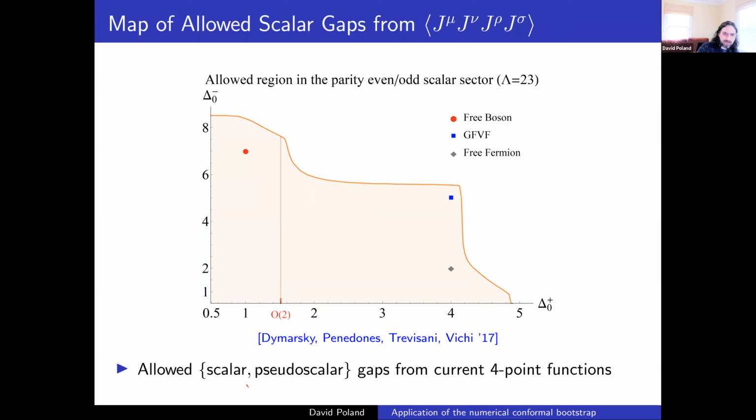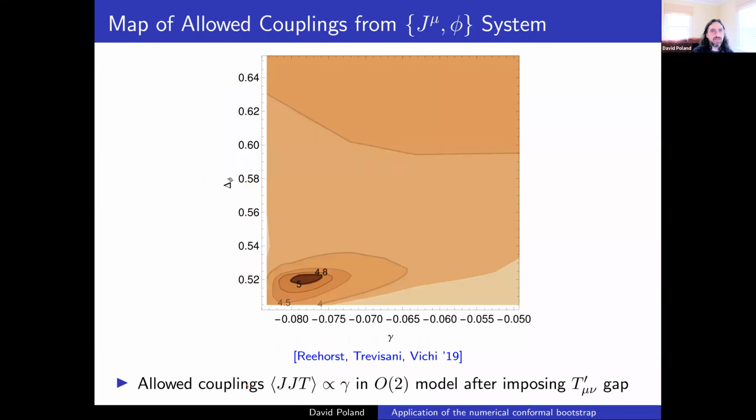You actually get a very similar looking plot from looking at 4-point functions of abelian currents, in the dimension of parity even scalar versus parity odd scalar. One cutting edge study was done by Reehorst, Trevisani, and Vichi, which looked at a mixed system involving abelian currents and scalars.